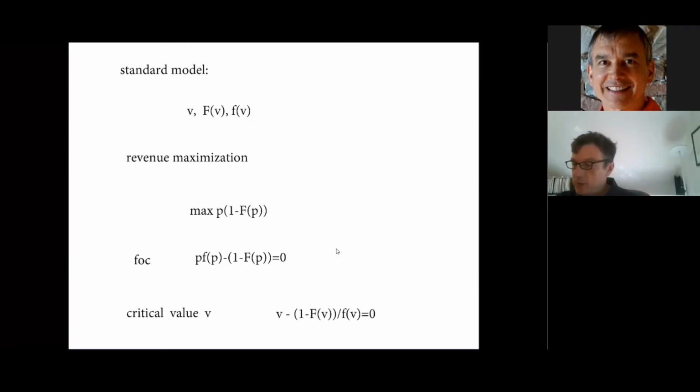This expression virtual was formed by Myerson long before we talked about virtual worlds. And so optimal monopoly pricing is basically optimal mechanism, revenue maximizing mechanism design for just one bidder, but the key expression, the virtual utility, appears here as well.